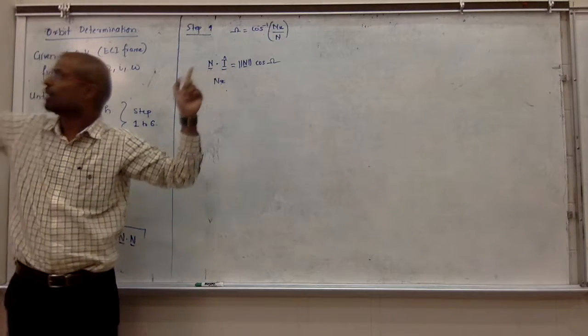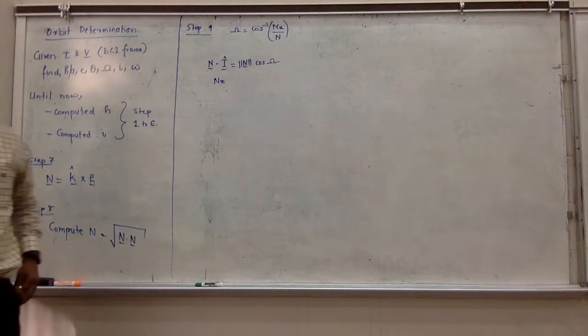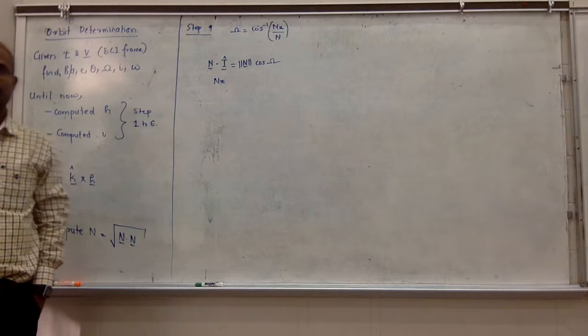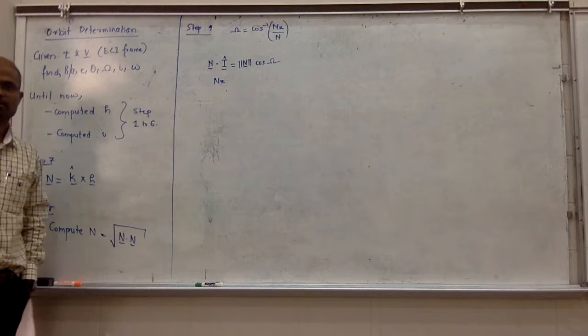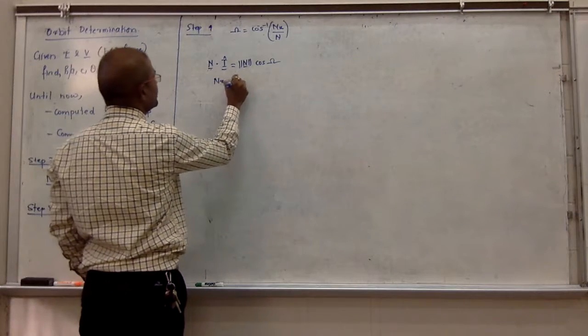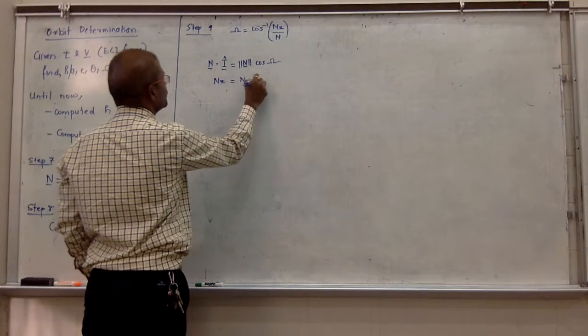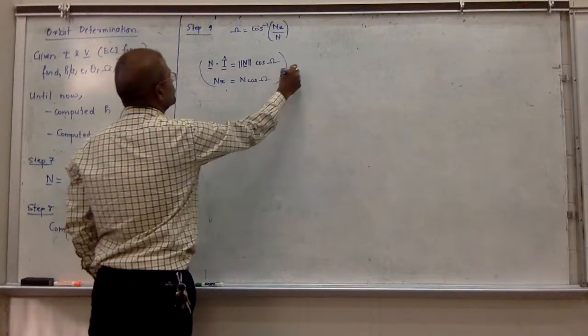Capital I is x. So this ijk is similar to xyz here. K is z, I is x. Nx is n cosine Omega, so this is the justification.